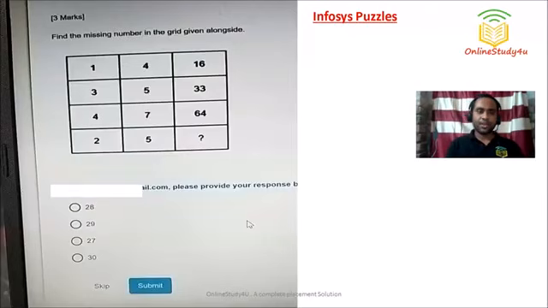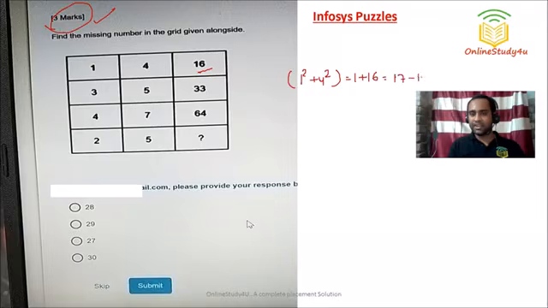Then, okay, so this is for 3 marks. So 1, 4, 16. Okay, so friends, as I said, remember addition, subtraction, multiplication, and square, only 4 things. So here 1 square and 4 square. So 1 square plus 4 square will be what? It will be 1 plus 16, that is nothing but 17, but here it is 16. So now you subtract 17 minus 1 is 16.